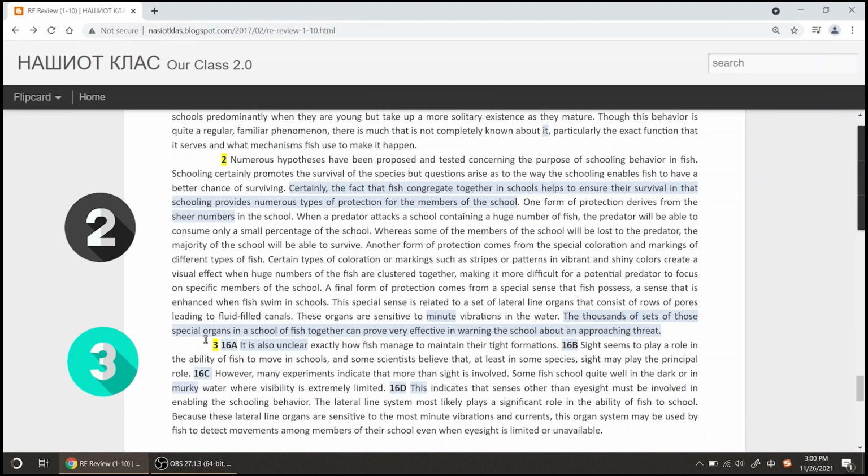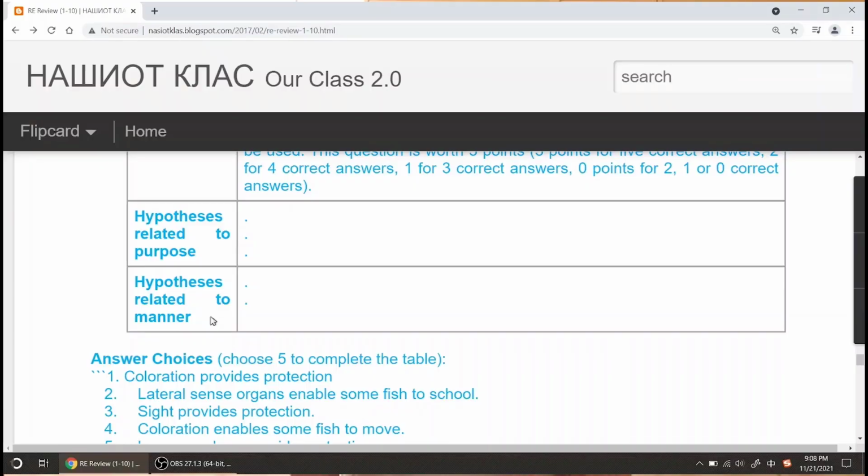Then we keep skimming. The first sentence of the third paragraph is how fish manage to maintain their tight formations. How to maintain is about manner. So it's for the second table, manner hypothesis. If you don't understand this sentence, don't worry. You could make an educated guess since the other paragraph is about purpose hypothesis.